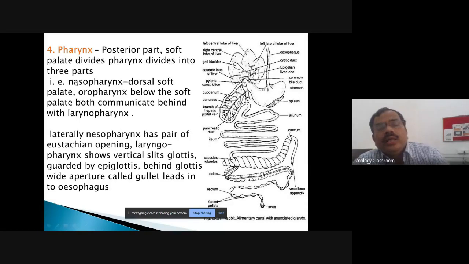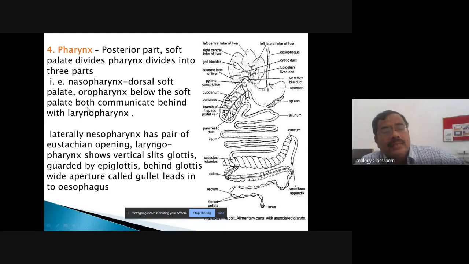The initial portion of the soft palate is called the nasopharynx, dorsally it is soft. Behind the nasopharynx, the oropharynx is there. It is also provided with the soft palate, and naso and oro both communicate to the posterior side with the laryngopharynx.